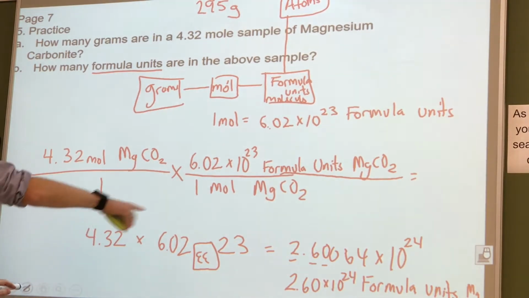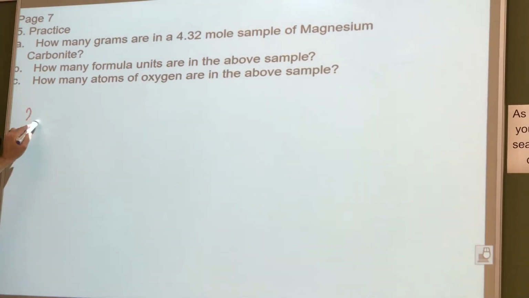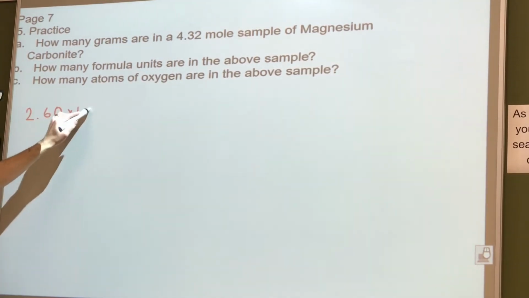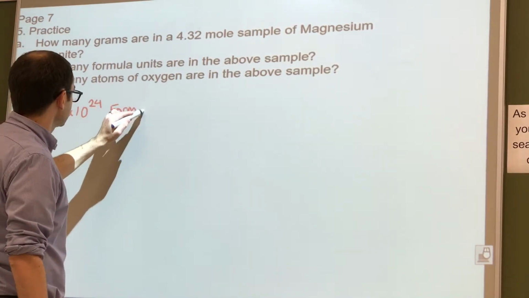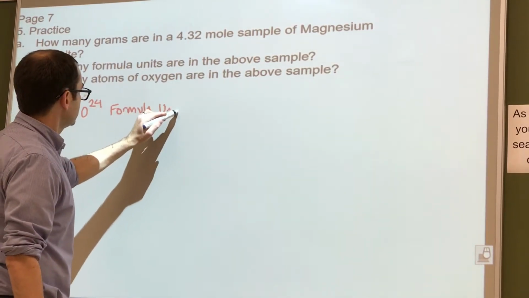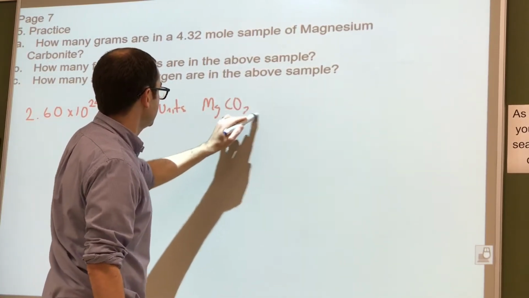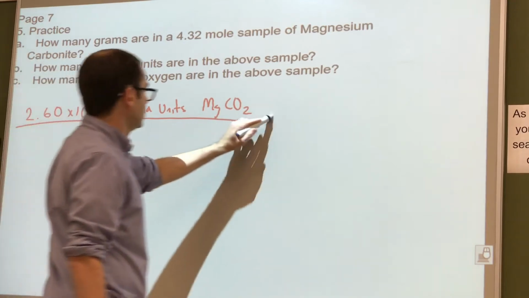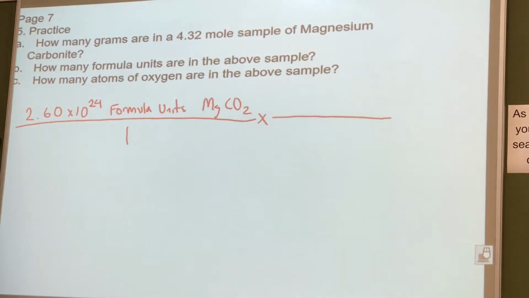So we're going to start with formula units. So we'll have 2.60 times 10 to the 24th formula units of MgCO3. All right. Now, what goes on the bottom here?